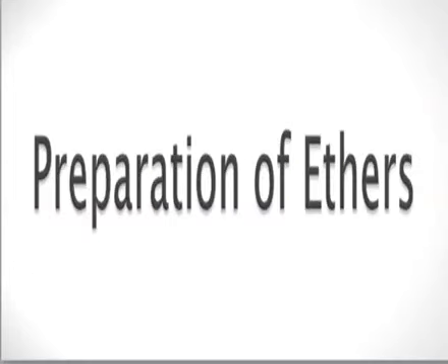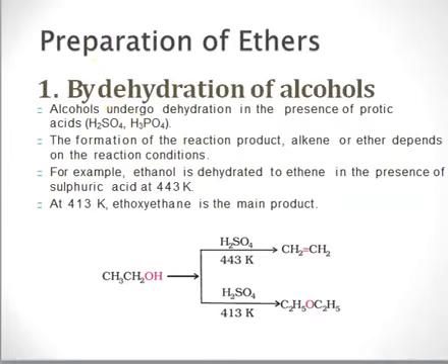Now we'll consider the preparation of ethers. There are different methods for preparation of ethers, so we will consider only the methods that are normally used for laboratory scale preparation of ethers. Number one, we can prepare ethers by dehydration of alcohols. De means removal, hydration means water.